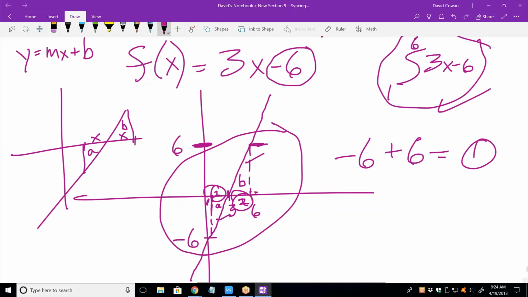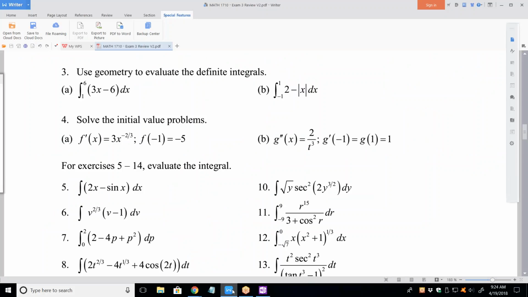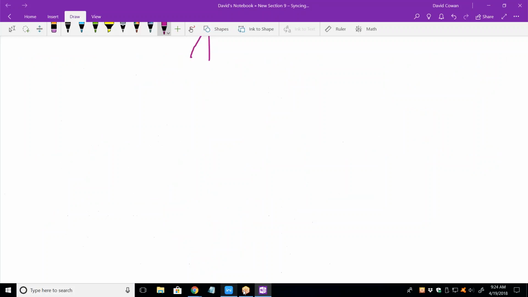All right. Let's try the next one. It's actually easier to do on my page anyway. So we're going from minus 1 to 1 of 2 minus absolute value of x.